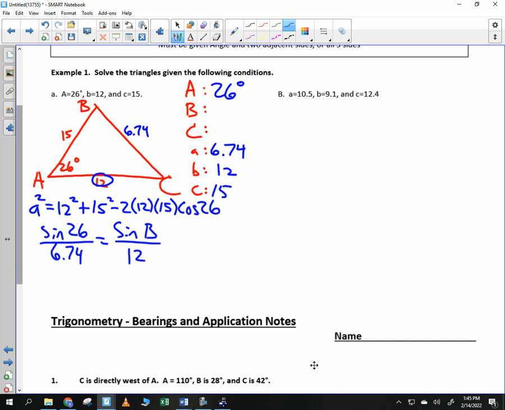I would say only 50% of people understand this, so try to follow through with me, okay? True or false? A triangle can have more than one obtuse angle. False. A triangle can only have one obtuse angle if it has one, right? So, true or false?